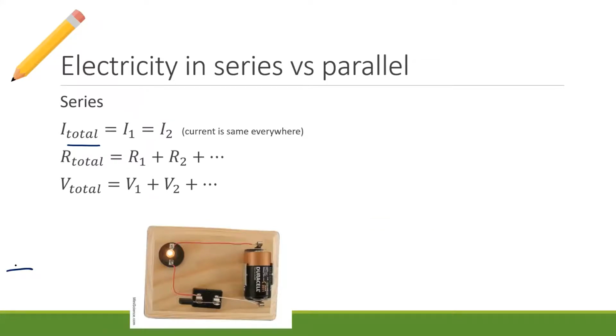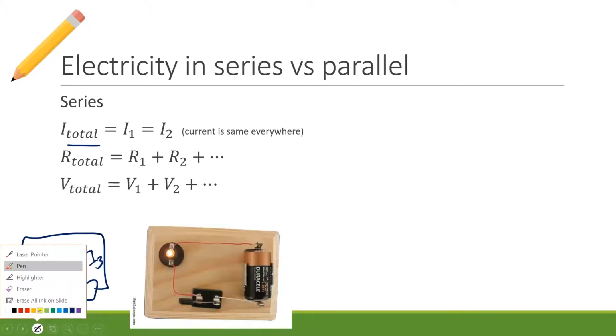Let's say I've got a series circuit. I've got two resistors. The current here is the same as the current here, is the same as the current here. The current is always the same because ultimately there is nowhere for that current to go. It's just the same wherever you go.